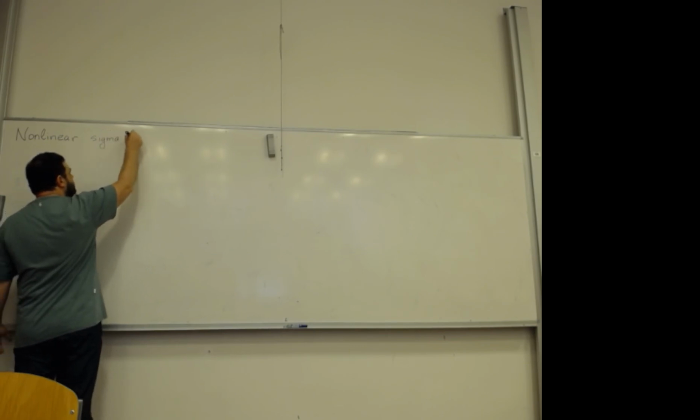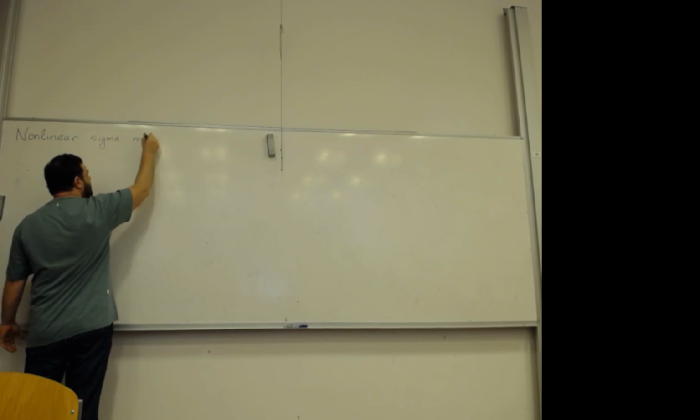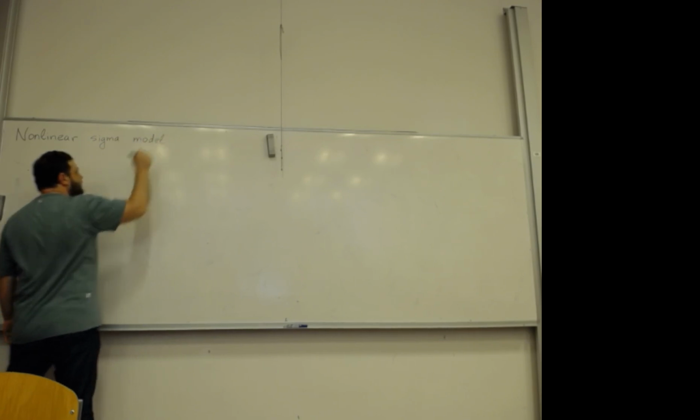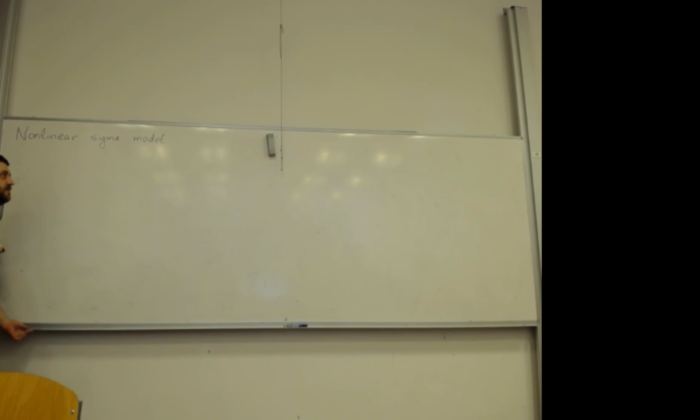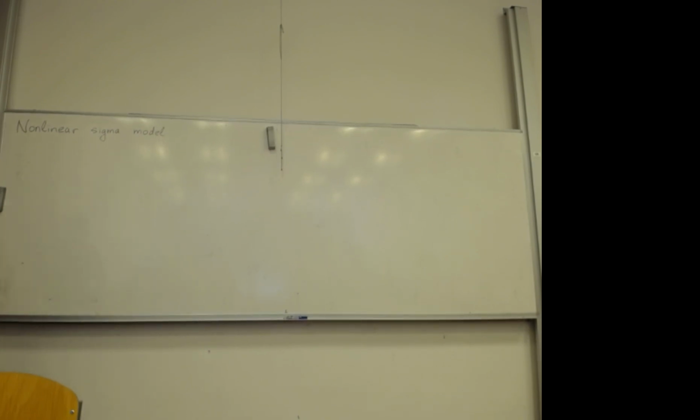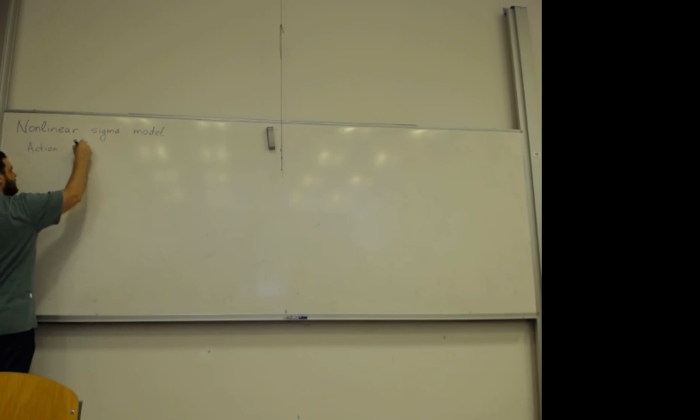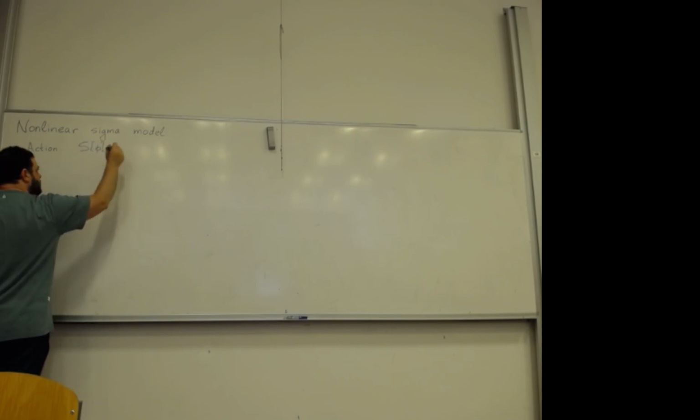So, the nonlinear sigma model, just to refresh your memory, and my memory as well. I will repeat the main steps of how this theory is derived. First step, we write the action for the kernels, the original action S, which depends on the field phi.